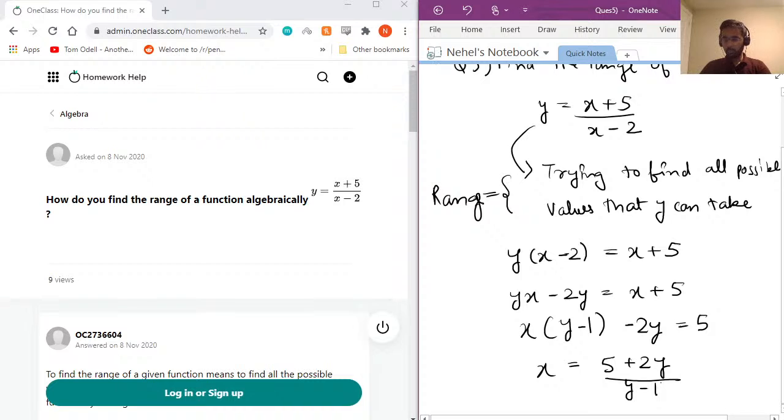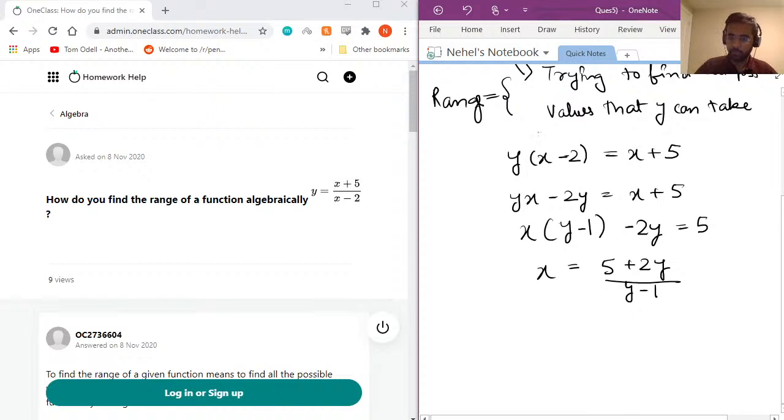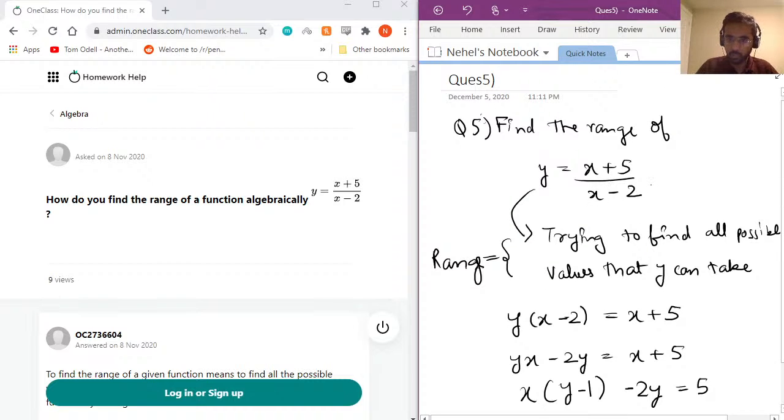So the way we solved for x is, first, we took the denominator of the initial equation and cross multiplied it to the other side.